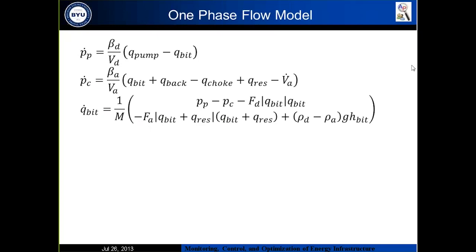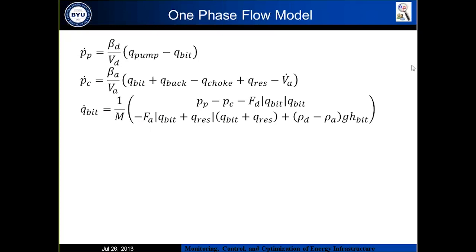Here I just presented the one-phase flow model, which is the model I have used so far. We have three state variables, and this is nonlinear because of this part where we have flow rate squared. Also in the drilling process, the annulus friction factor and the density in the annulus are both unknown, because they change as they drill.